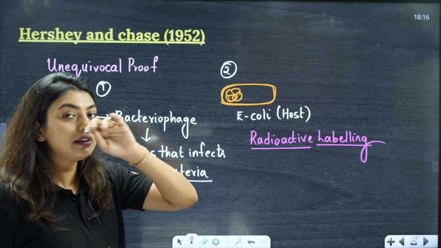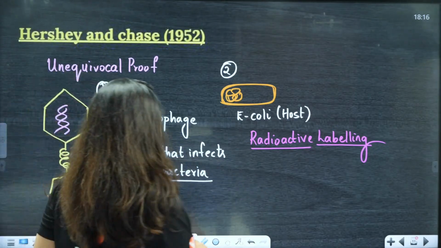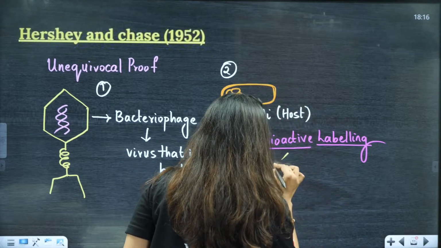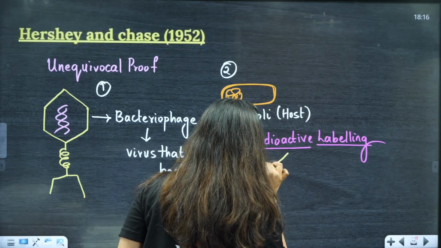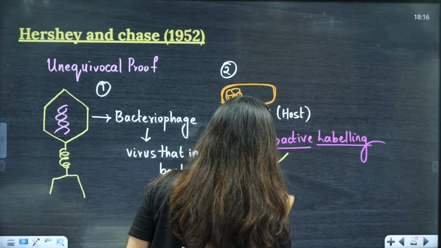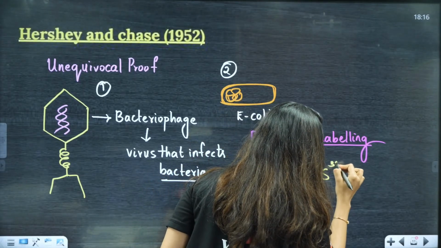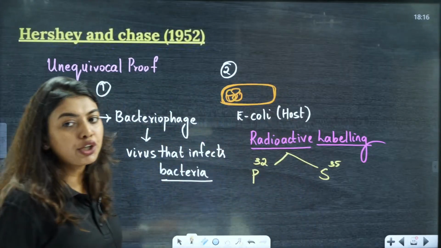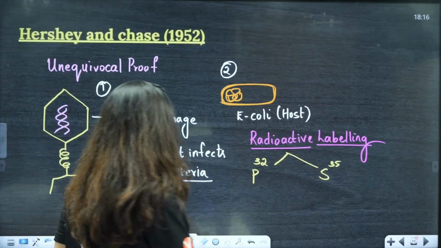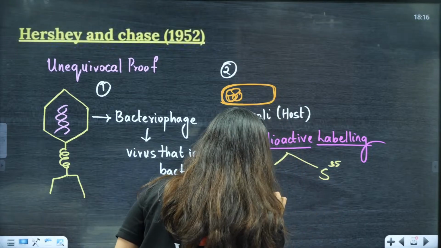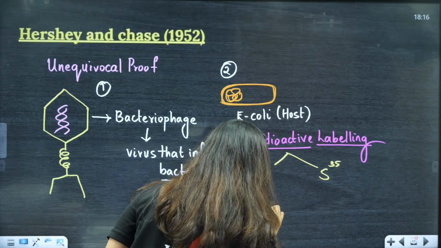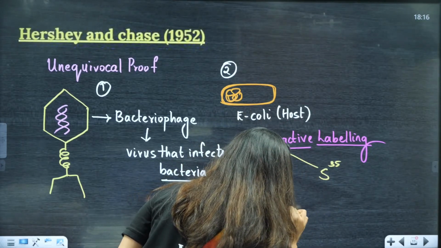For radioactive labeling they have taken two things, students. They took P32 and S35, phosphorus 32 and sulfur 35. Phosphorus, we know, is present only in DNA, so only DNA will get radioactively labeled.